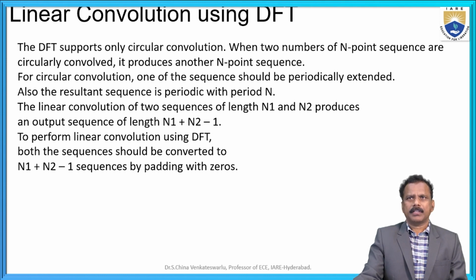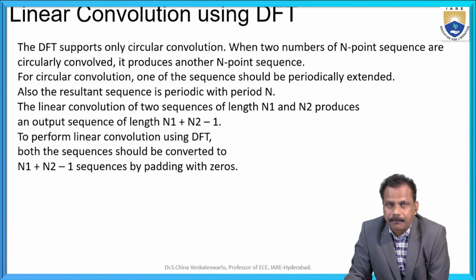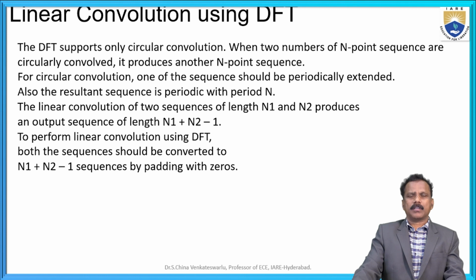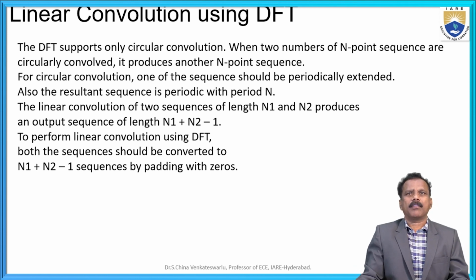When two N-point sequences are circularly convolved, it produces another N-point sequence, because while we are computing the discrete Fourier transform, the DFT supports only circular convolution. For circular convolution, one of the sequences should be periodically extended. Also, the resultant sequence is periodic with the period N.